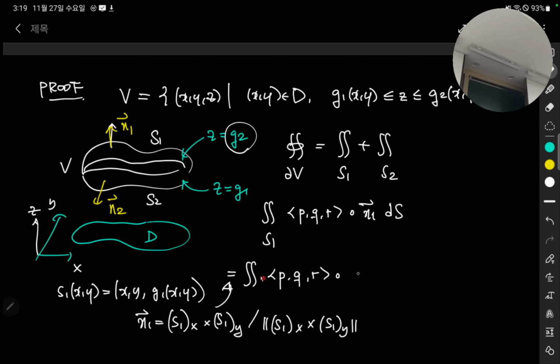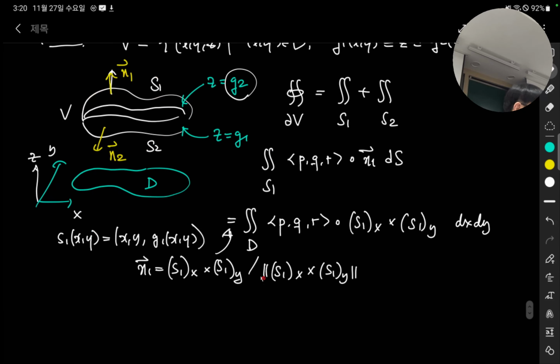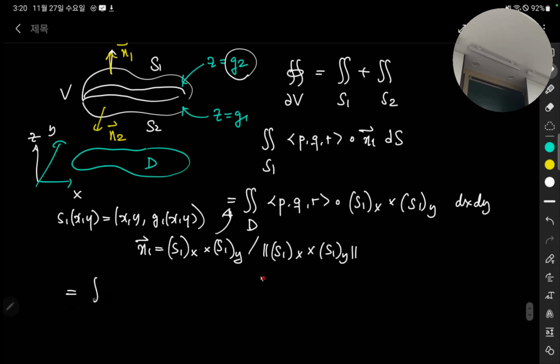So this equals S1x cross S1y. I don't need to plug in S1 because eventually I'm going to transform this into a double integration on the xy-plane over D. So let's do it a little bit more. It says it's the integration over D of (P, Q, R) inner product.